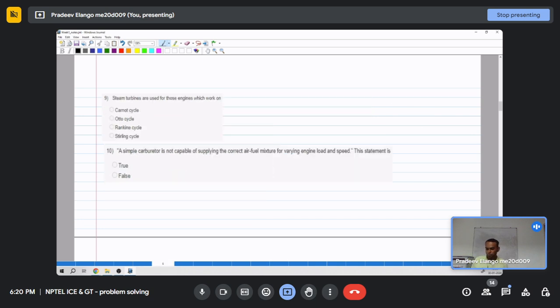Steam turbines are used for engines which work on the Carnot cycle, Otto cycle, Rankine cycle, or Stirling cycle.